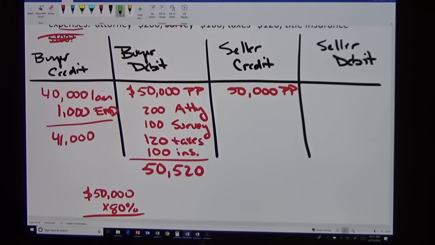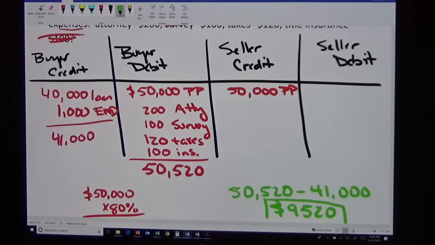And if they want to know how much money the buyer needs to bring to closing, it's going to be $50,520 minus $41,000. And that is a total of $9,520 that the buyer needs to bring to closing on that transaction. $9,520.